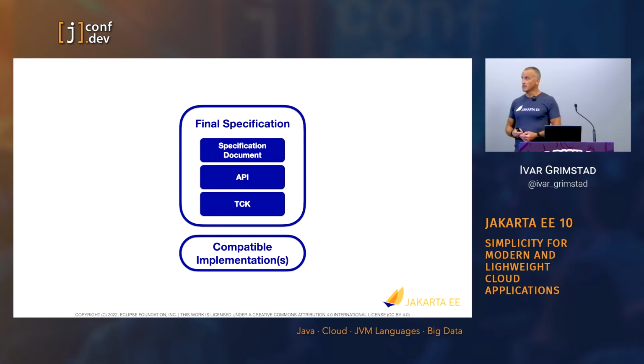Also, there are usually some API artifacts, something you can get from Maven Central. And we have a Test Compatibility Kit, a set of tests that verify the API and specification are implemented correctly by an implementation. And when you pass all the tests, you are a compatible implementation.